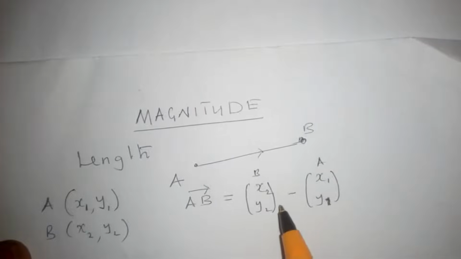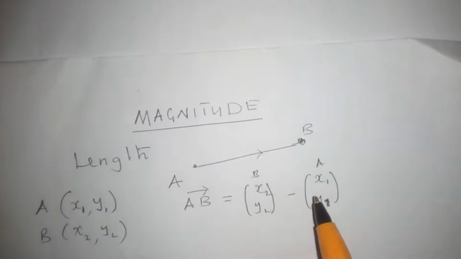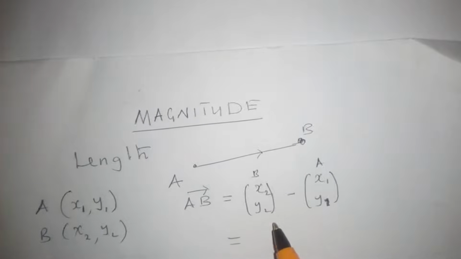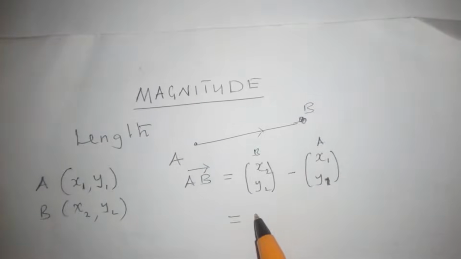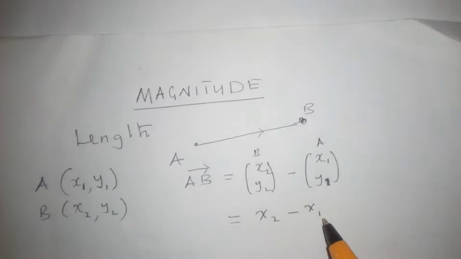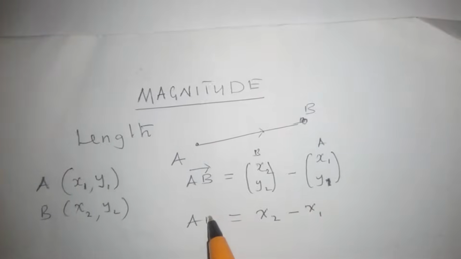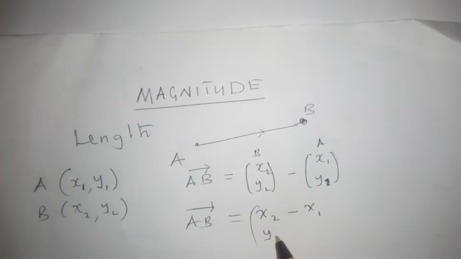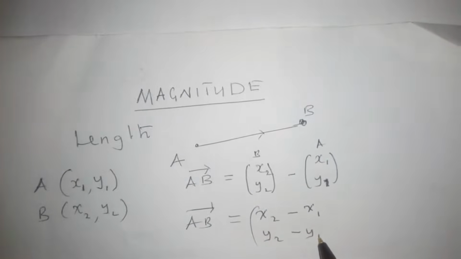This is how we find the vector. When you work it out, you find that you have x sub 2 minus x sub 1, and down here we have y sub 2 minus y sub 1.